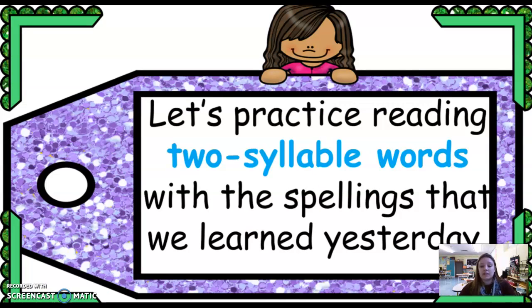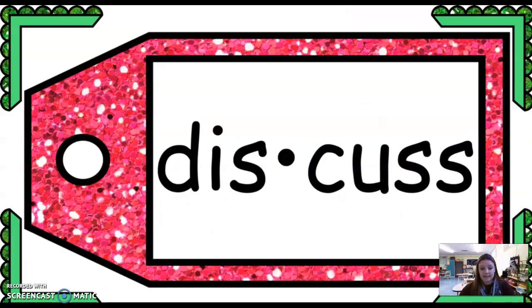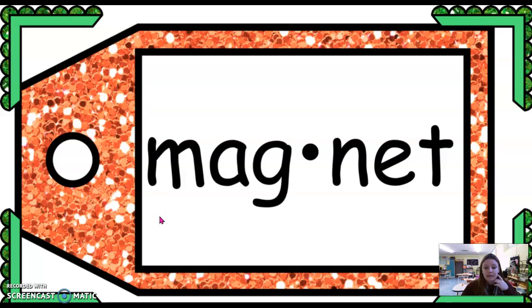We're going to practice reading two-syllable words with some spellings that we talked about in our last lesson. So for now, what I want you to do is just repeat the word after me, and then we're going to break down some of them and talk about why we chunk them into syllables this way. Remember, we won't normally have this dot in between, but this is to help us chunk into syllables. This word says discuss. Say the word discuss. Magnet.